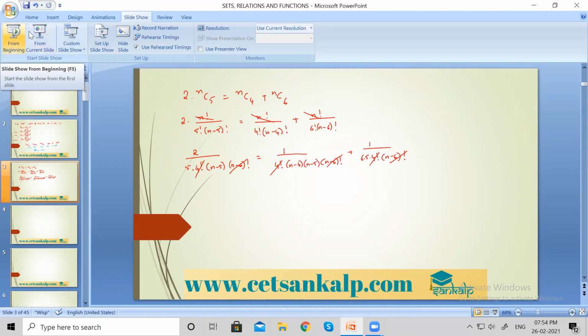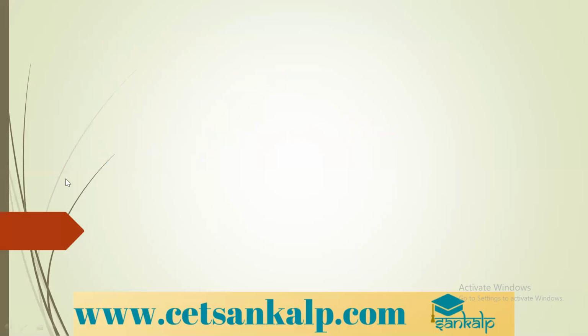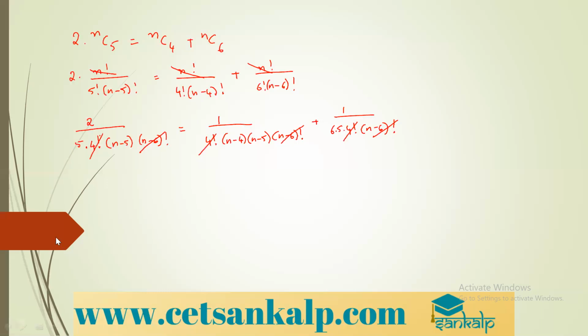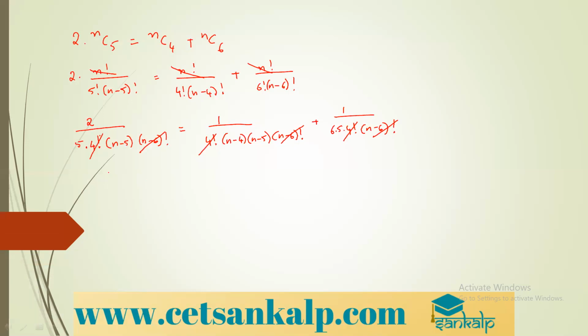So continuing this, I will write 2 by 5 into n minus 5 equal to 1 by n minus 4 into n minus 5 plus 1 by 6 into 5.